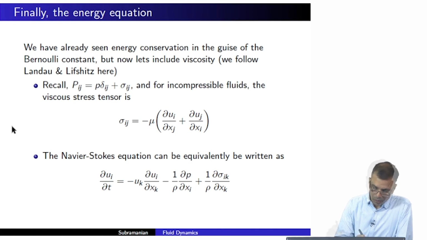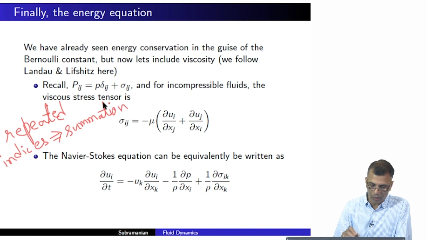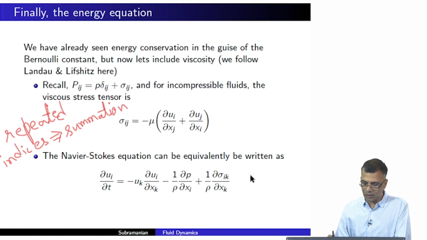Repeated indices, summation is implied. So here there's really a sigma here, and here too there's really a sigma, because you have repeated indices here, the k is repeated.